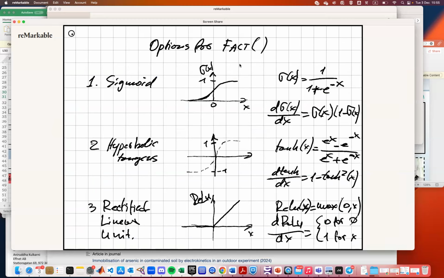So actually, looking at the shape of the activation functions, you can already form a certain opinion about the desired range of input values. For example, if you have only positive values in your input, then this ReLU will simply not work, right?